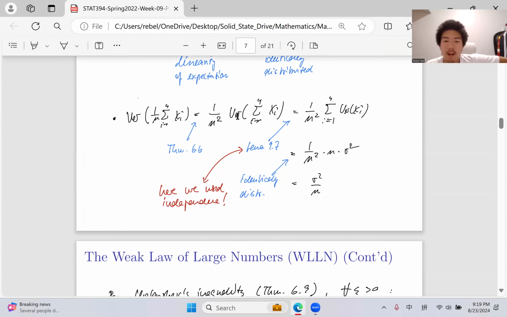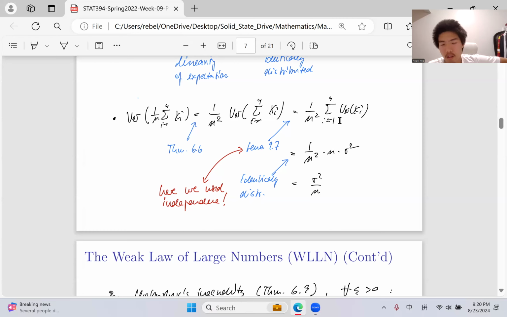Yeah, and what will happen is we can get a summation term out. So it will become 1 over n squared times the summation of the variance. And the variance, we can use sigma square to represent it from the question. Now it becomes 1 over n squared times n times sigma square.